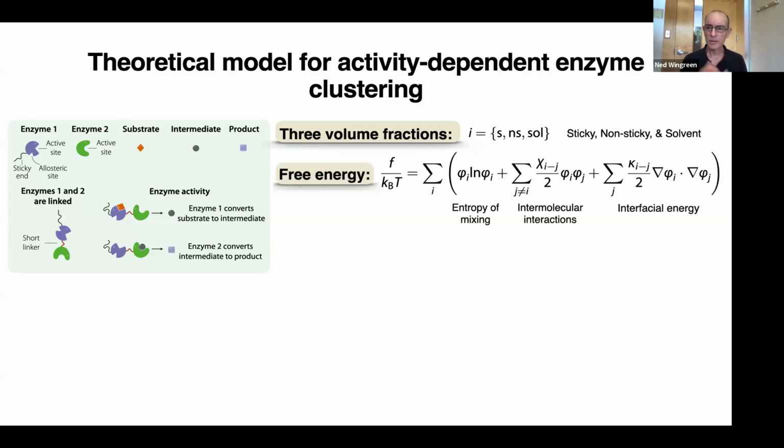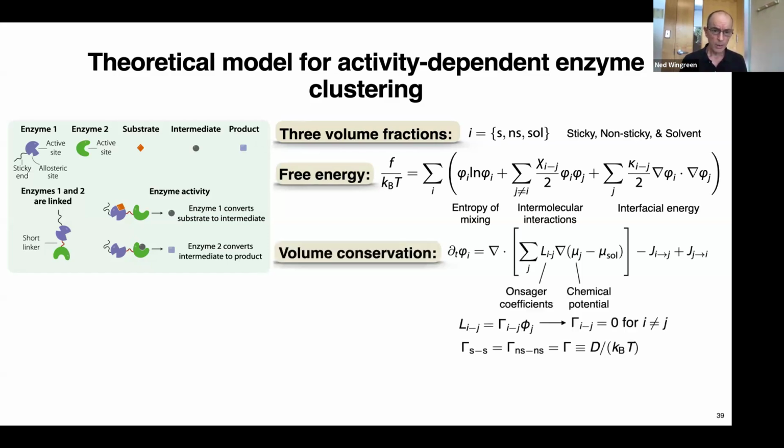This is a Flory-Huggins, very simple version of the free energies associated with entropy of mixing, intermolecular interactions, and an interfacial energy, so that interfaces aren't arbitrarily sharp. And then we model that with a Cahn-Hilliard type of approach, where essentially proteins just go down their chemical potential gradients with some fluxes, as well as diffusing.